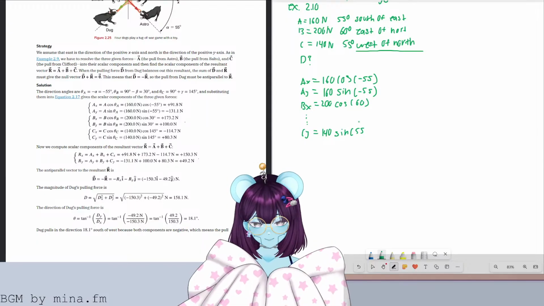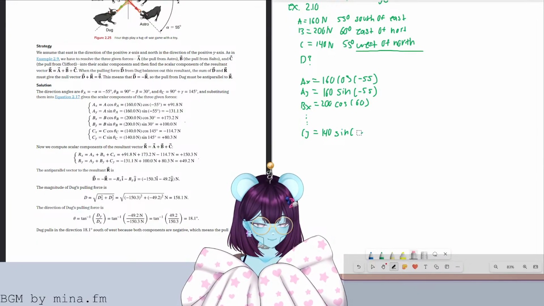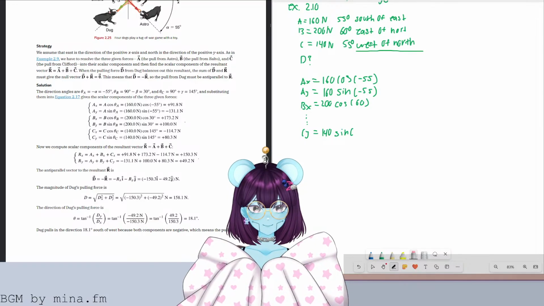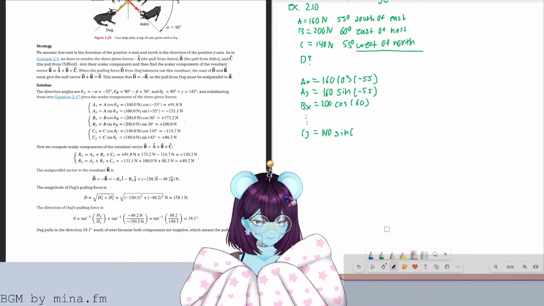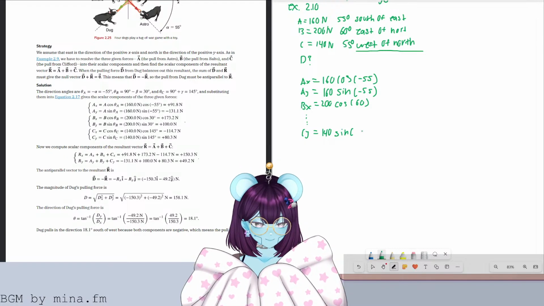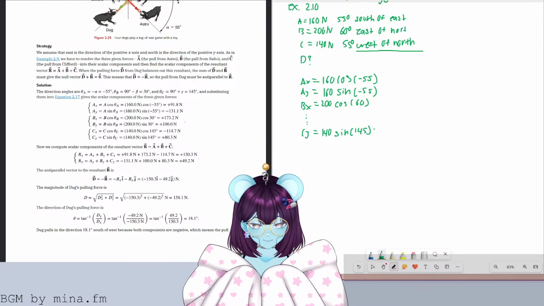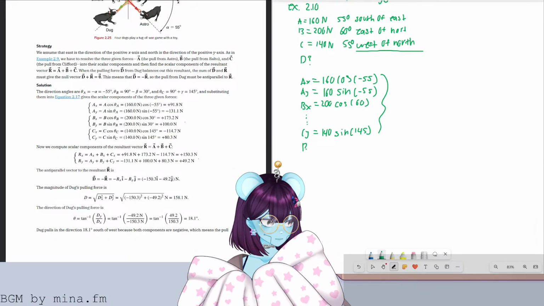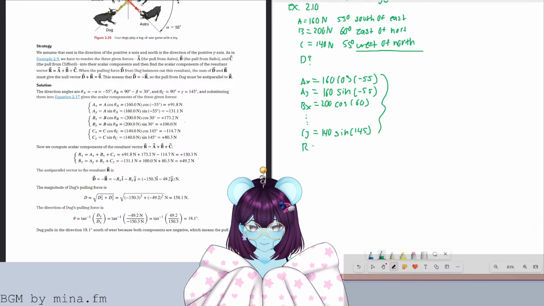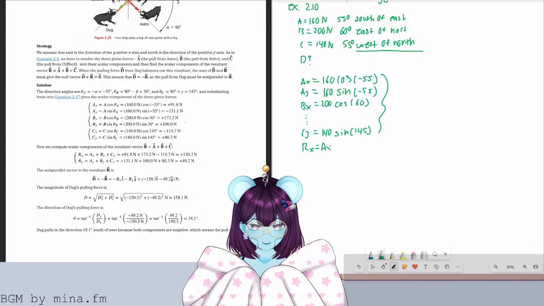Oh, so it's not 55. It's 55 to the west of north, so it's 90 plus 55, which is 145. Does that match? Yes, it does match. So we get all of these answers, then we can get the resultant. We just add it all together.